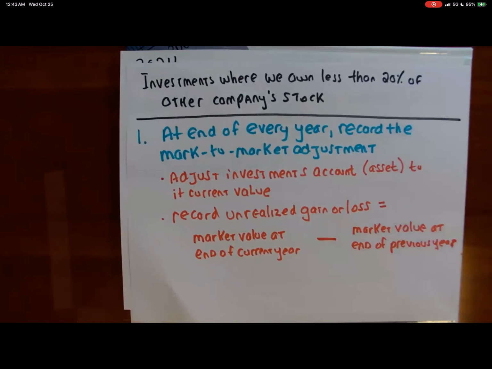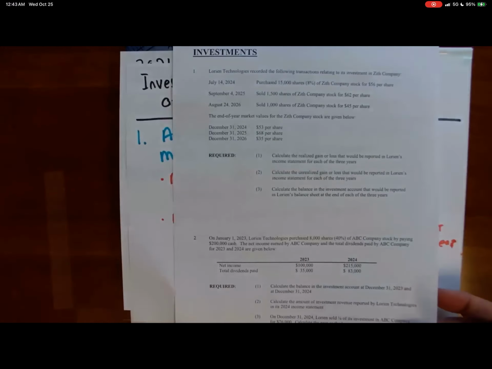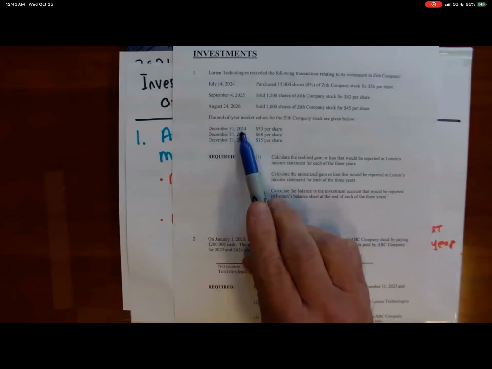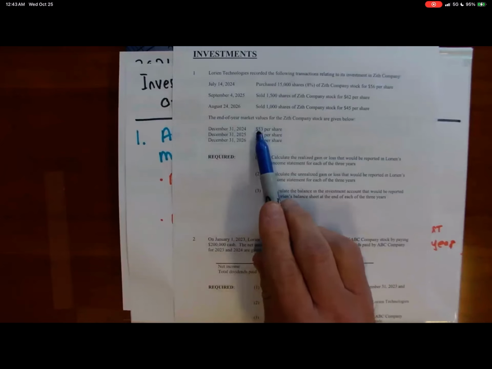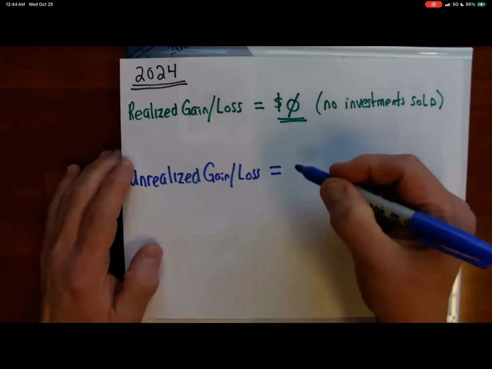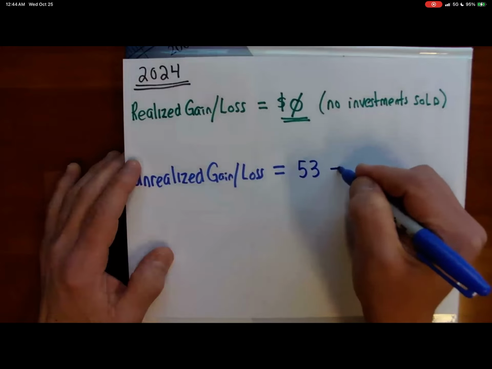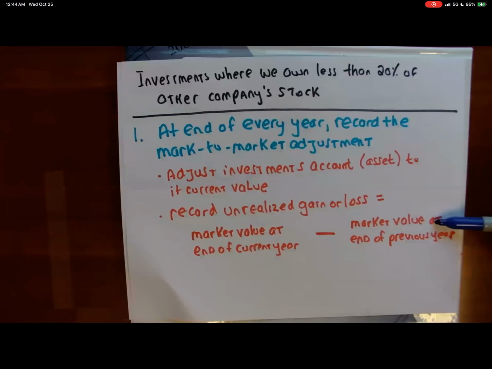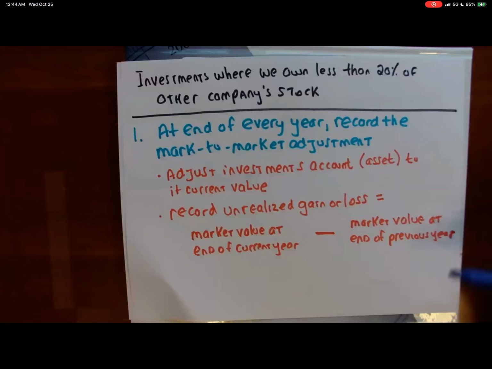Let's use it to calculate the unrealized gain or loss. Take the market value at the end of the current year. They told us at December 31st, 2024, the market value was $53 a share. So we'll take the 53, subtract the market value at the end of the previous year.